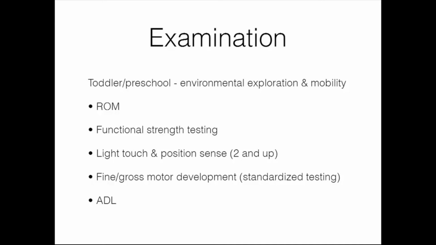We will probably want to do some standardized testing for fine and gross motor development, particularly as we look at trying to qualify a child for early intervention or school-based services. And then we really want to start thinking about self-care skills at this age, so we're going to look at activities of daily living, starting to learn to brush teeth, feed themselves, dress themselves, figuring out how to manage toileting, all those types of things.